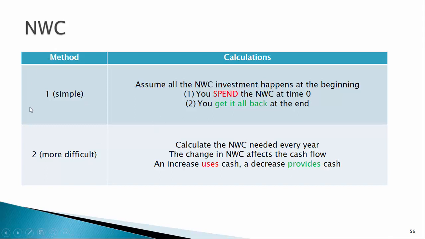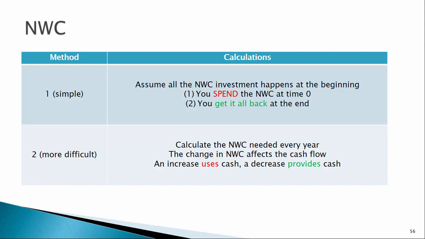So in other words, we'll say a project requires an investment of $10,000 in net working capital. And then it won't say anything else about net working capital. And if that's the case, then you can assume it's this type 1, the simple case, right? And in that case, you spend the net working capital at time 0. That is, net working capital increases by, in our example, the $10,000 at time 0.